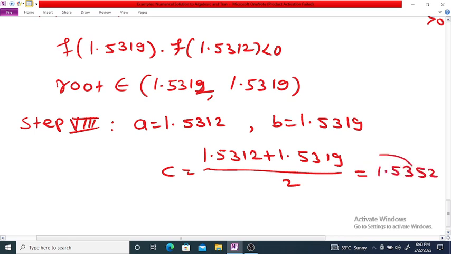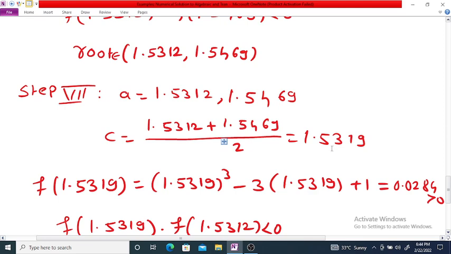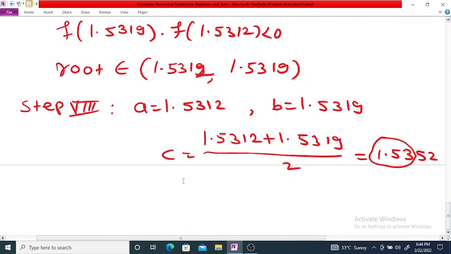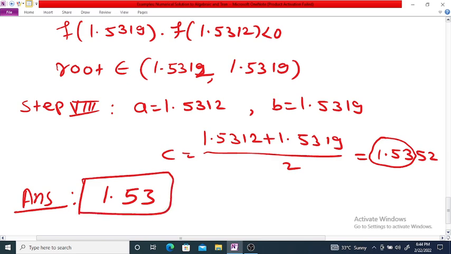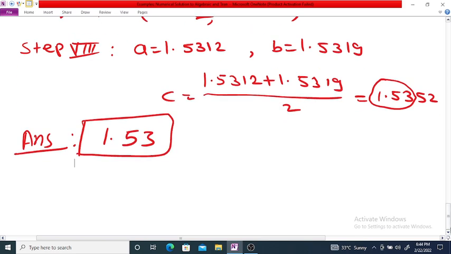Now you can see the value of c is 1.5352, and for the previous step it is 1.5319. So the successive two values of c are correct up to 2 decimal places, and we want our answer correct up to 2 decimal places. So here the answer is 1.53. This is the answer of the given equation, correct up to 2 decimal places.